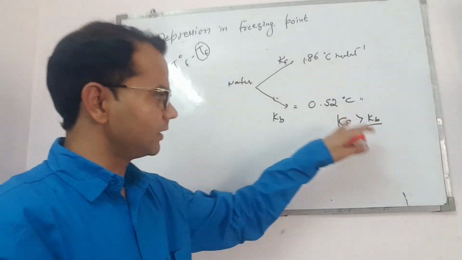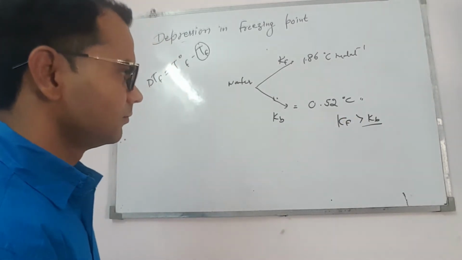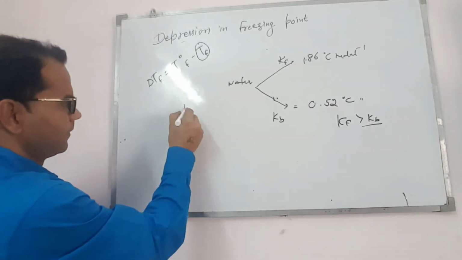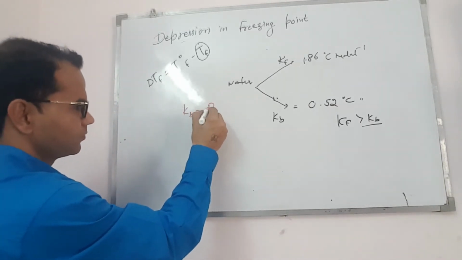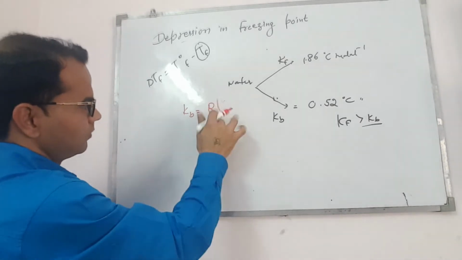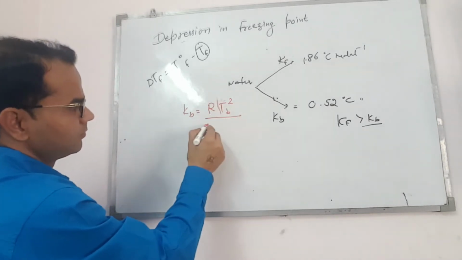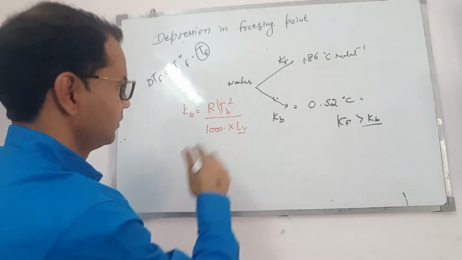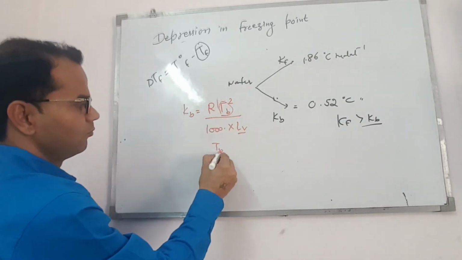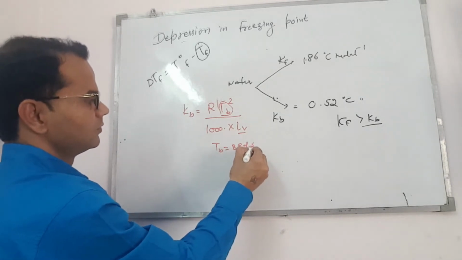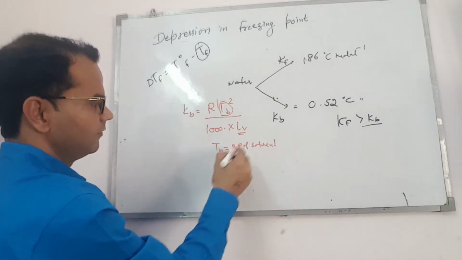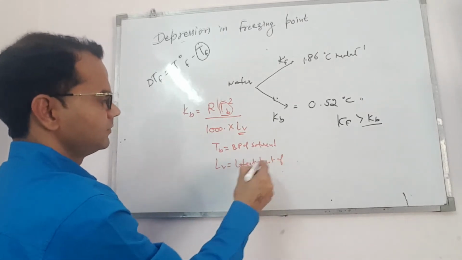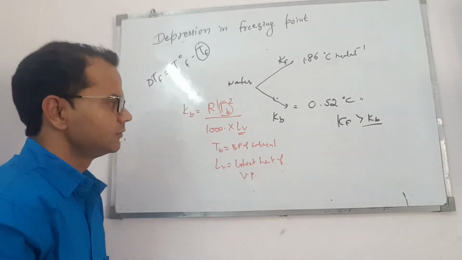Now we can understand this with the basic formulas. You will learn in thermodynamics also. Kb equal to R TB square by 1000 into LV. TB, boiling point of solvent. LV, latent heat of vaporization.